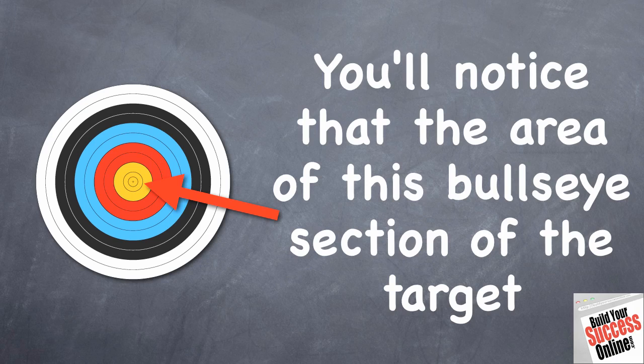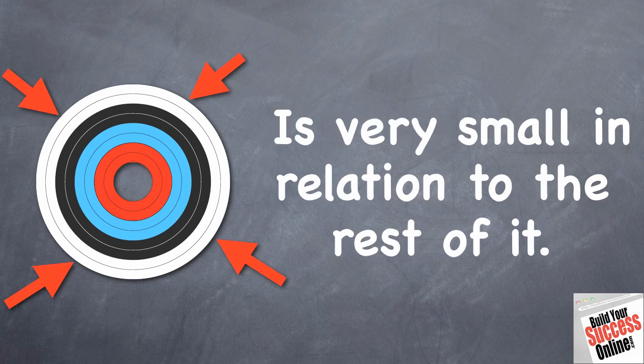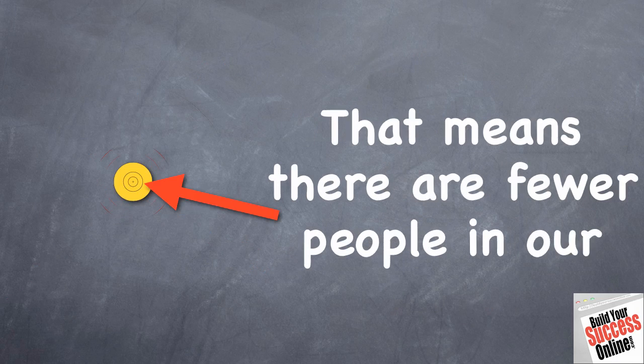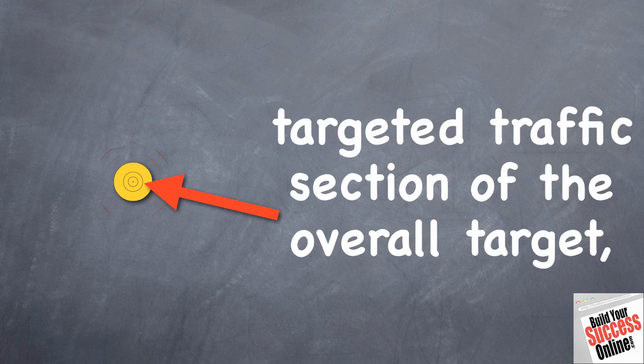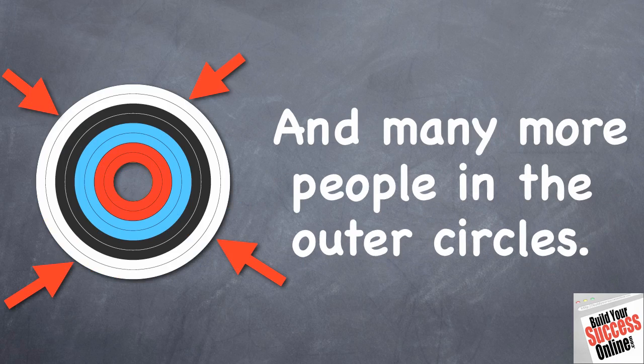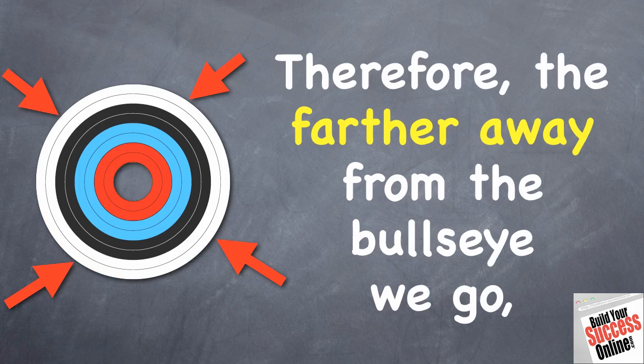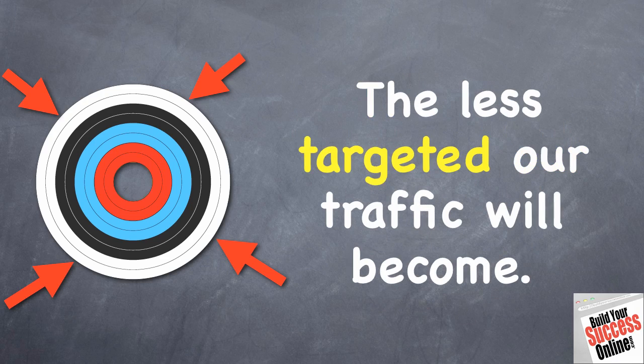You'll notice that the area of this bullseye section of the target is very small in relation to the rest of it. That means there are fewer people in our targeted traffic section of the overall target, and many more people in the outer circles. Therefore, the farther away from the bullseye we go, the less targeted our traffic will become.